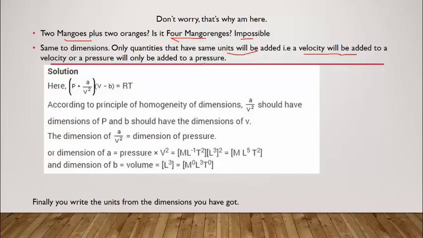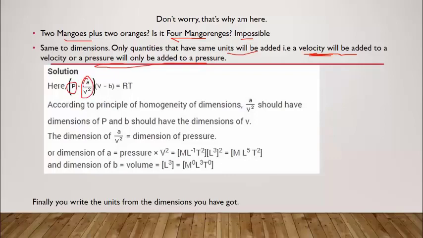So using this logic, our question is solved in a very easy way. If you're given questions of such kind, you just solve them using these examples: if A is added to a velocity, then A must be a velocity, so the dimensions of A are the same as those of velocity. Similarly here, P is added to this component, as you can see.